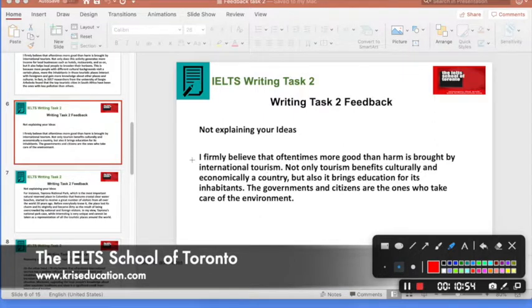Okay, so the first idea, is it clear? More good than harm is brought by international tourism. This is quite clear. And in the second idea, I expect you to explain why, and how.